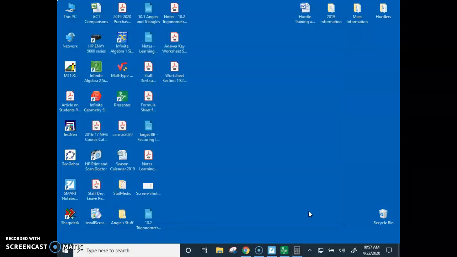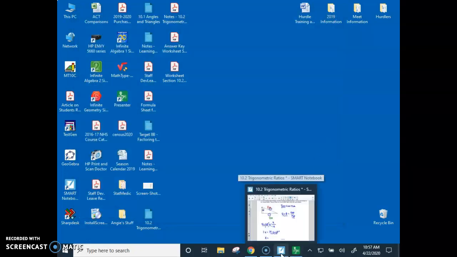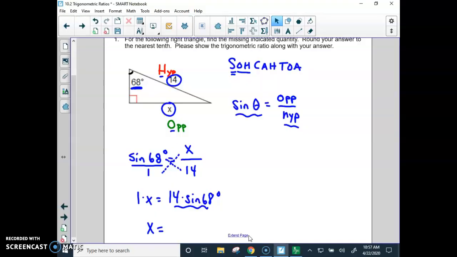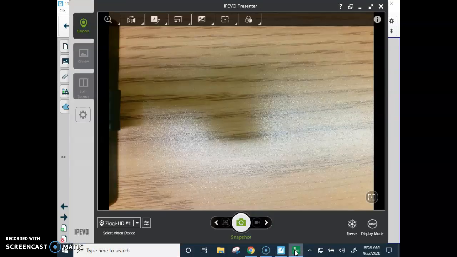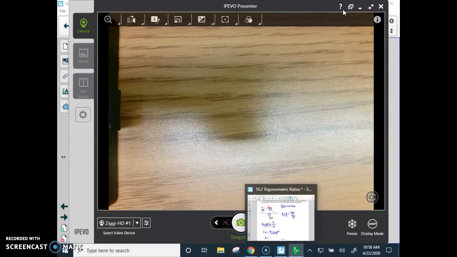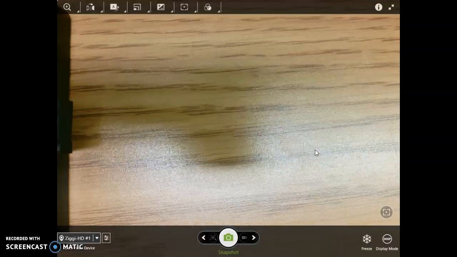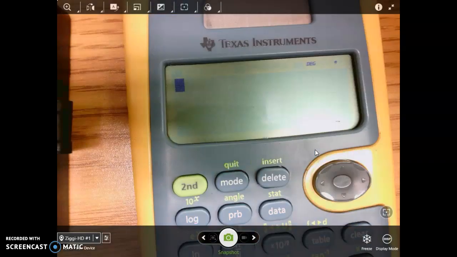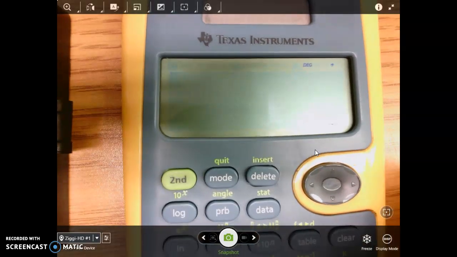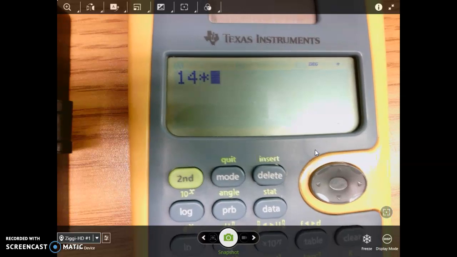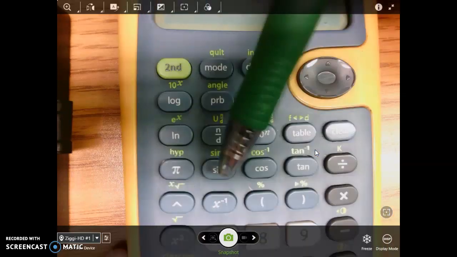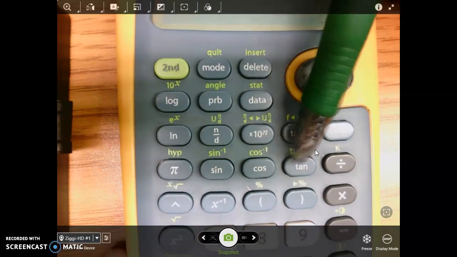Okay? So, ladies and gents, if we go back to this, I need to take 14 times the sine of 68 degrees. So if I go to my calculator, and it depends on whichever one you're using, if I use one of mine, a newer one where it has a readout on the top, you just take 14 times, and then right here are your trig functions, sine, cosine, and tangent.